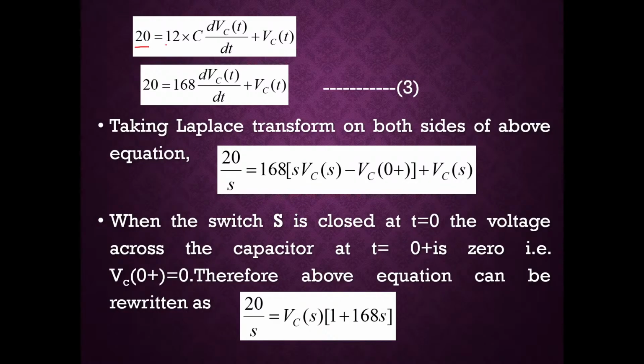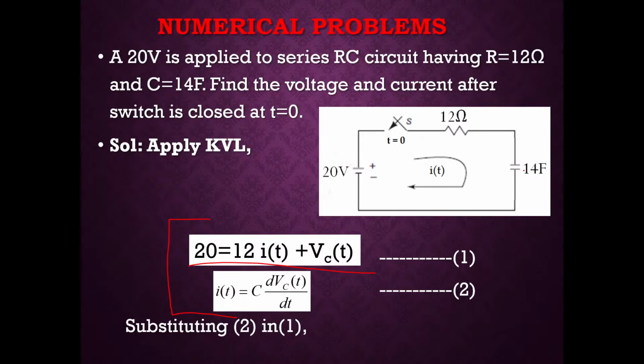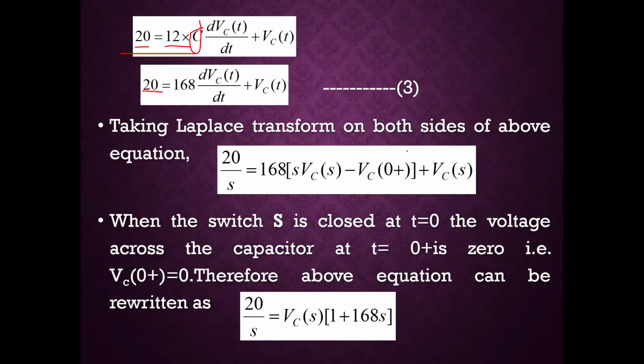You will get 20 equals 12 into C into d by dt of Vc(t) plus Vc(t). The C value we already know, that is 14. 14 into 12, you will get 168, d by dt of Vc(t) plus Vc(t), considered as equation number 3.